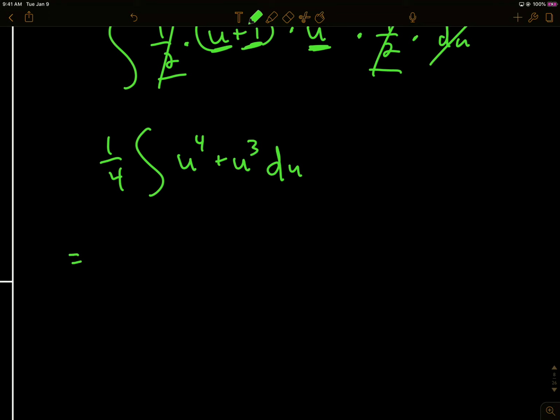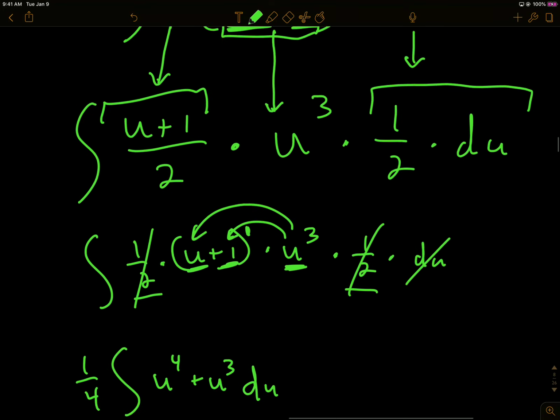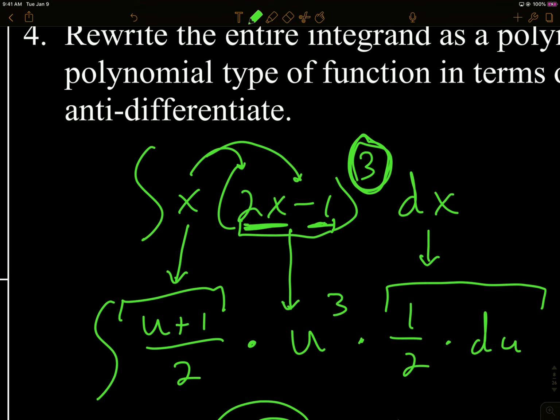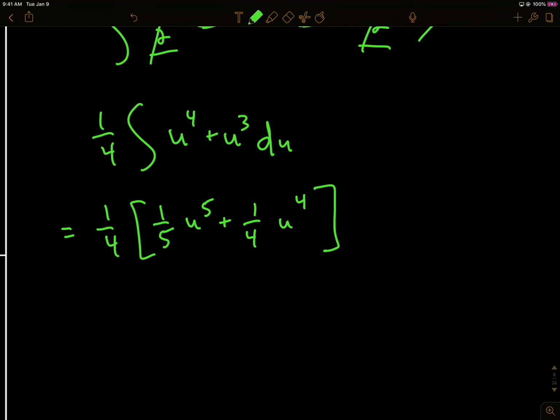So I integrate, and I get 1/4 comes along for the ride, times, power rule says 1/5 u to the fifth plus 1/3 u to the fourth. That should be 1/4, sorry, 1/4 u to the fourth. We'll put in our plus c later. This is not your answer because the question was posed with x's, and you're giving me an answer with u's.